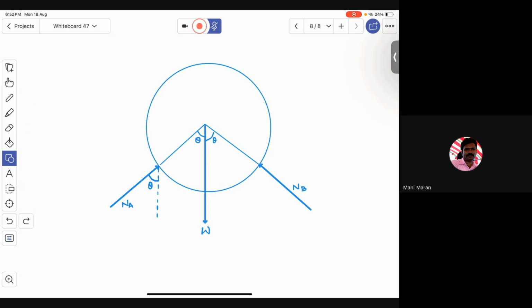So I find every force in terms of its components, which will be two mutually perpendicular components.